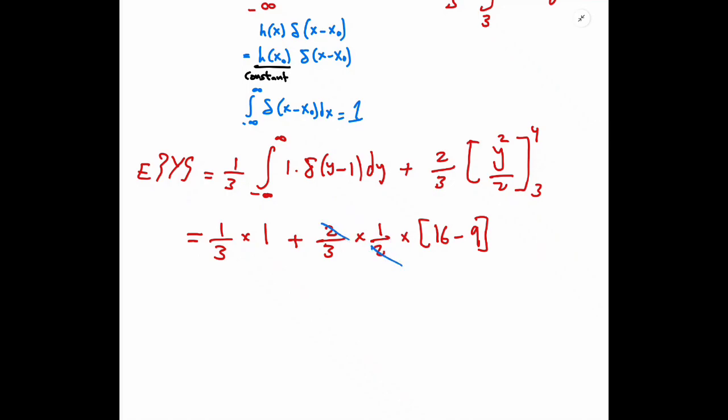The 2 with 2 cancels out, and that will be equal to 1/3 plus 7 over 3, and the final answer is 8 over 3.